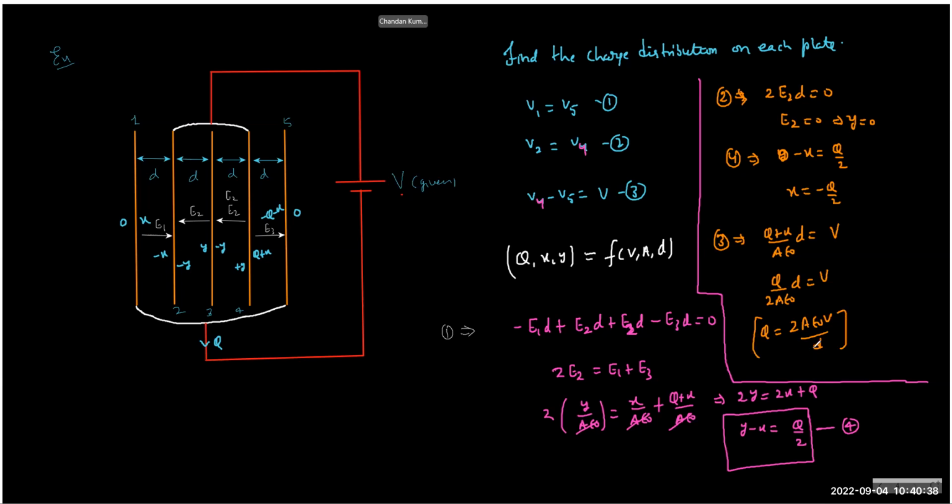So we got everything, no? We got all the answers. So what is the charge on plate 1? The charge on plate 1 is X, which is minus Q by 2.